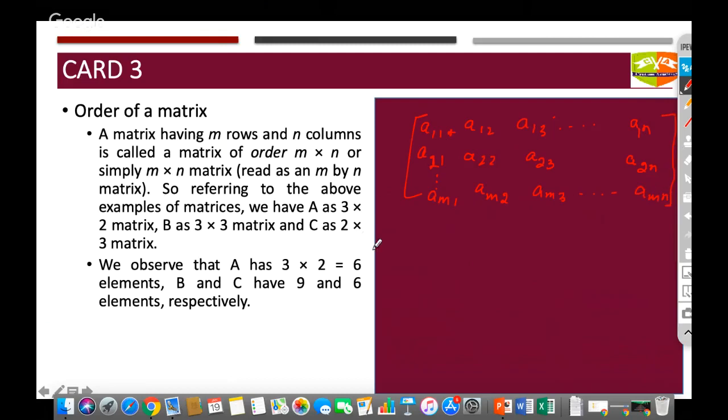So when somebody asks you to represent a matrix in a general format, you can represent it like this.